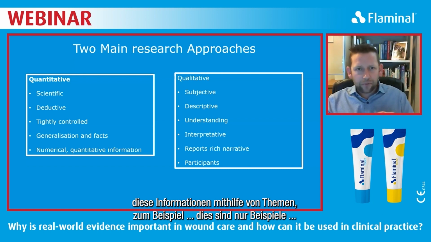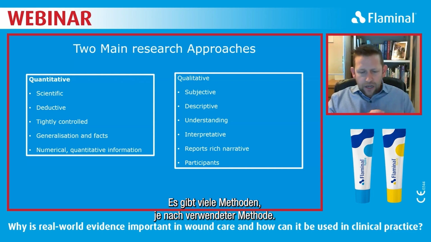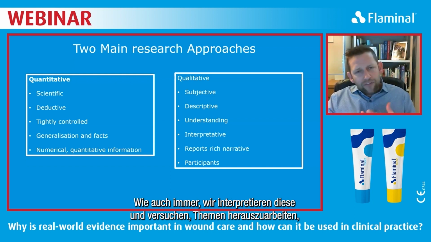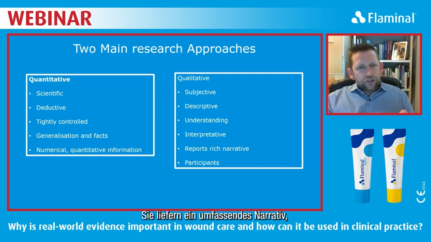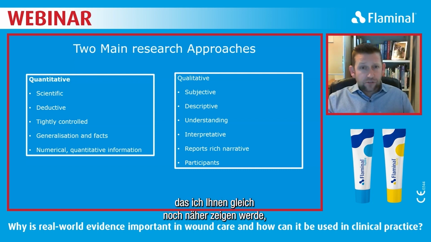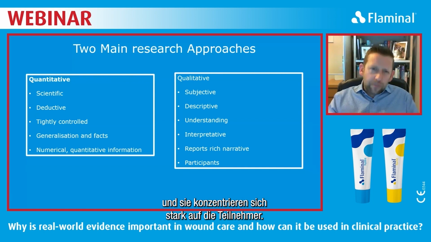These are just examples. There's lots of ways depending on methods used. However, we interpret these and we try to draw themes from that phenomenon. They do report a rich narrative. That's a real thing that I will demonstrate in a second. And it's really focused around the participants generally.